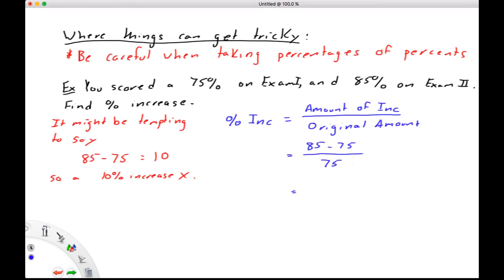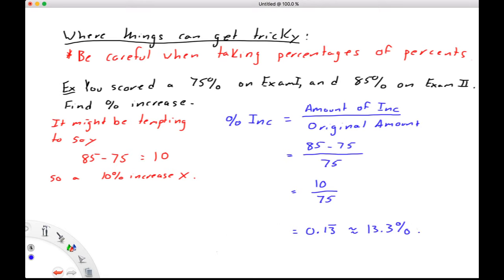And so our original amount is 75. Our difference is 10. The amount of increase is 10. And so 10 over 75, which is equal to 0.13 repeating, or approximately 13.3%, would be our percent increase.